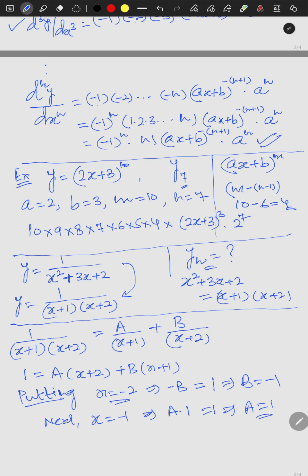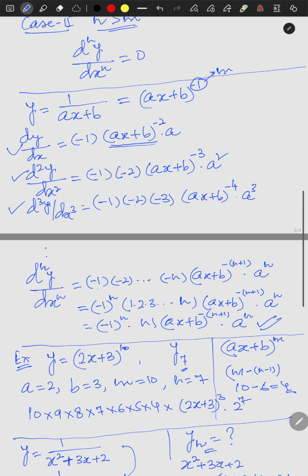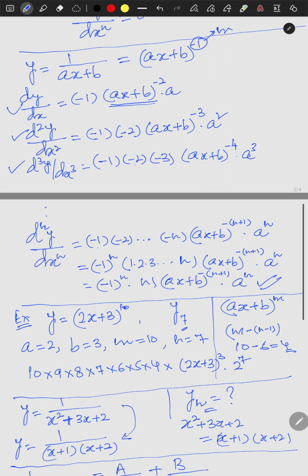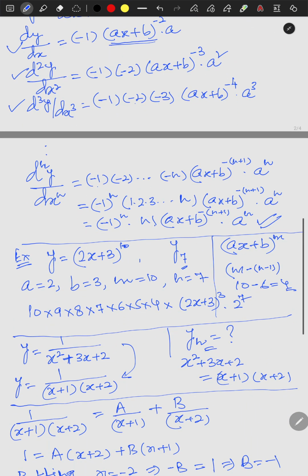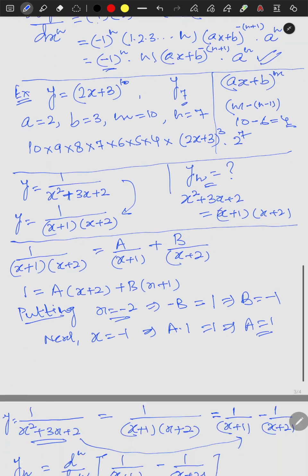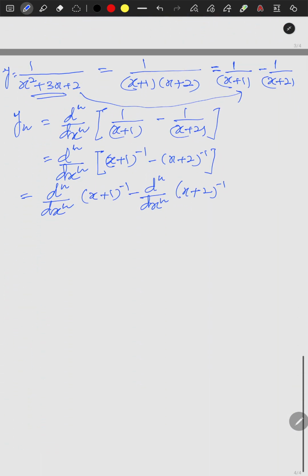Okay, so you can see that for ax plus b to the power minus 1 we are having this formula. In this formula we are having minus 1 to the power n factorial. So this can be written as minus 1 to the power n into n factorial, and here we are having x plus 1 to the power minus n plus 1.